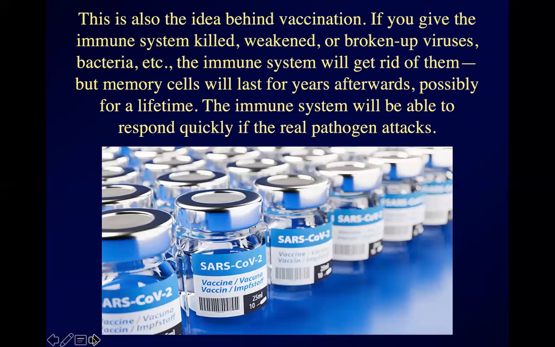Those are dead or weakened viruses, bacteria, etc. And your immune system responds to those as if you were really getting infected. So your immune system will fire up its T cells and fire up its B cells. The B cells will start cranking out antibodies.